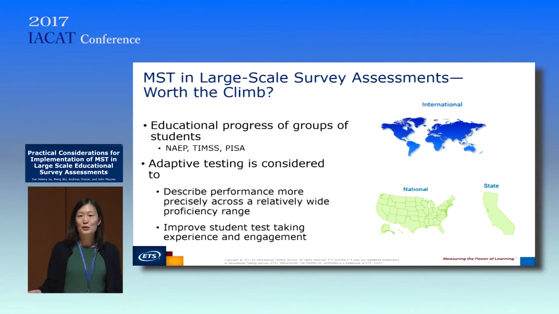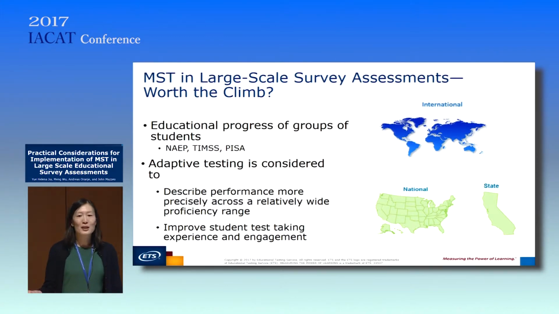Why do we want to even consider adaptivity here? I would say there are two major motivations. First, think about the United States. There is a wide distribution across all the states, all the districts. So the program we are focusing on in the United States always wants to make sure the low-performing areas are covered or better reported out.